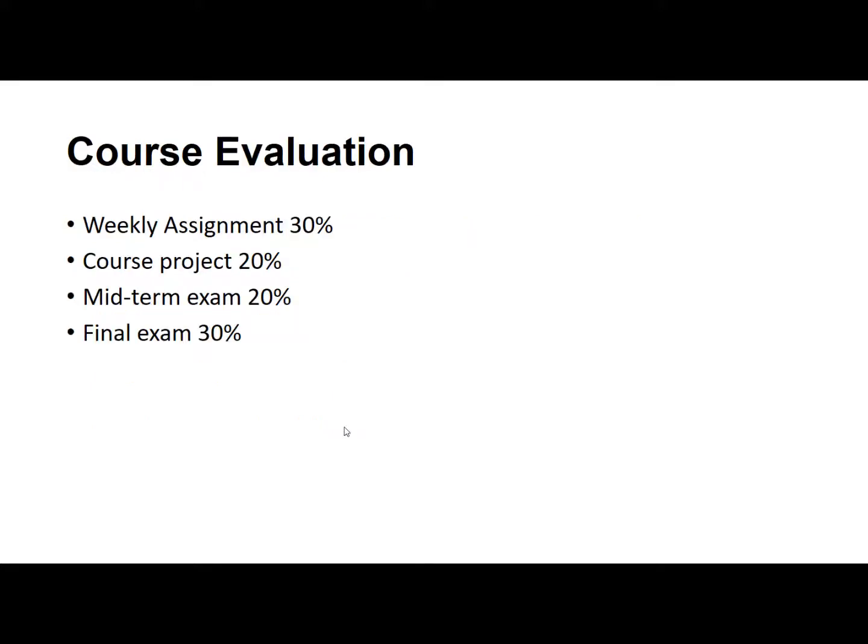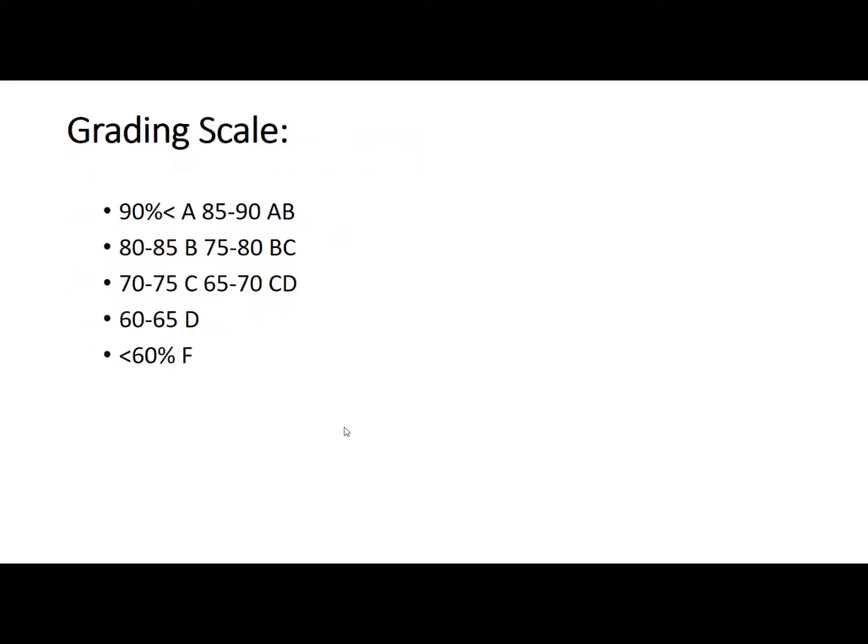So for the course evaluation, the weekly assignment is about 30%. Also, we have 2 course projects, each of them 10%, so a total of 20%. We have a midterm exam at 20%, and the final exam at 30%.